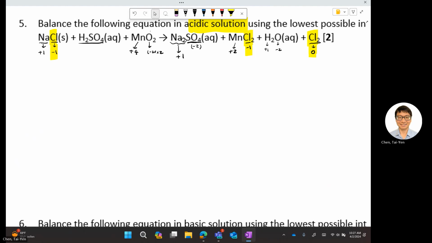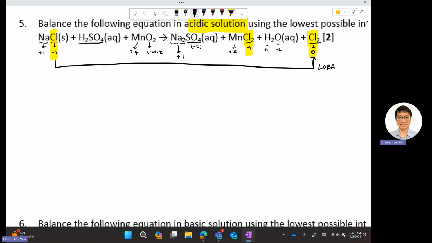You go from -1 to 0. Therefore the oxidation number increases, so you undergo oxidation. This will be your LEO.